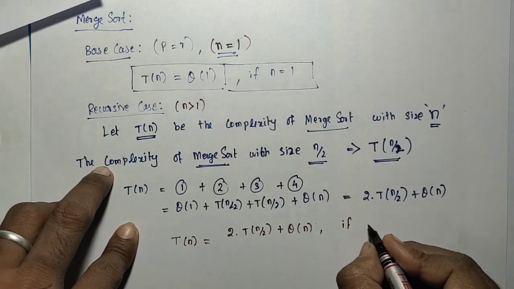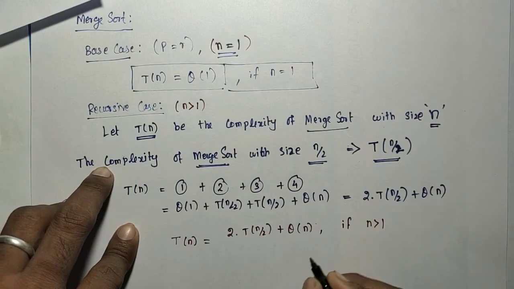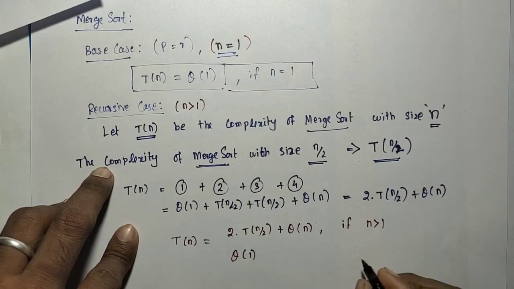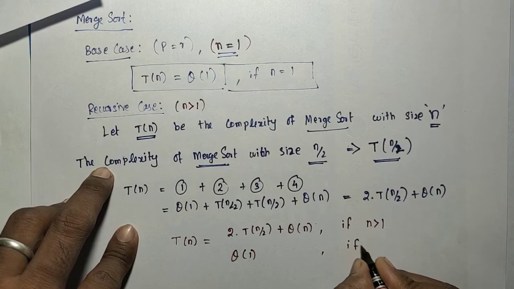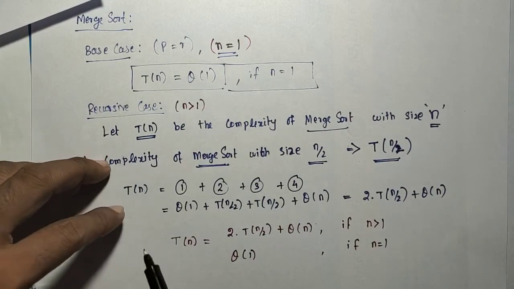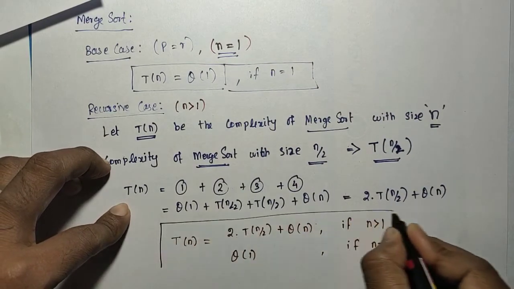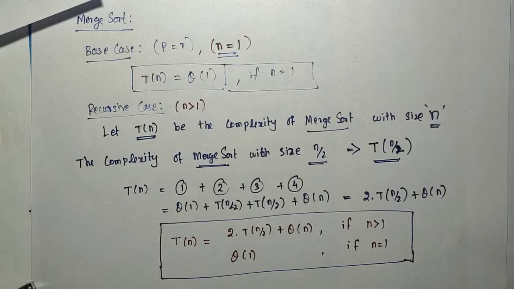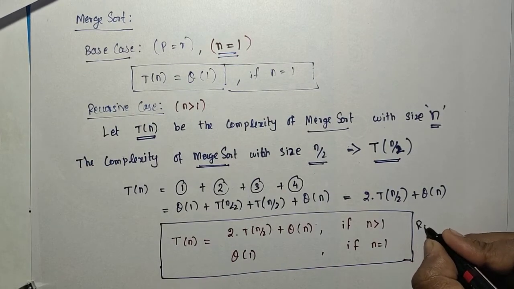So in the recursive case, N is greater than 1, this is the complexity; theta of 1 if N equals 1. So this is a recurrence we are obtaining for the merge sort algorithm. This is called the recurrence.